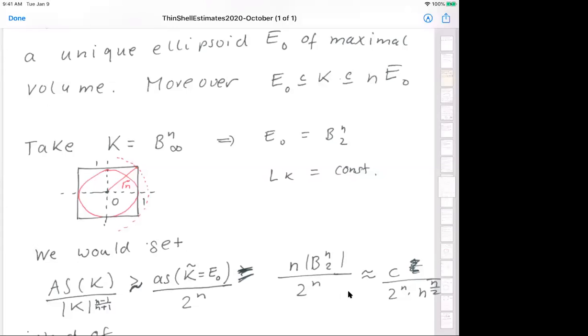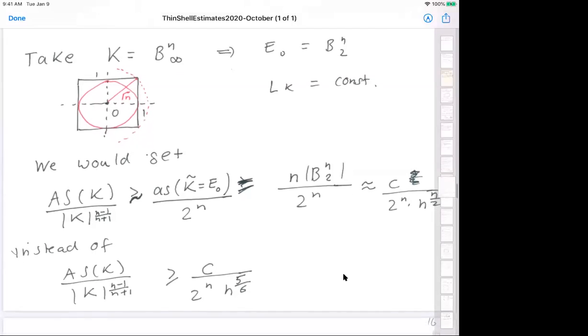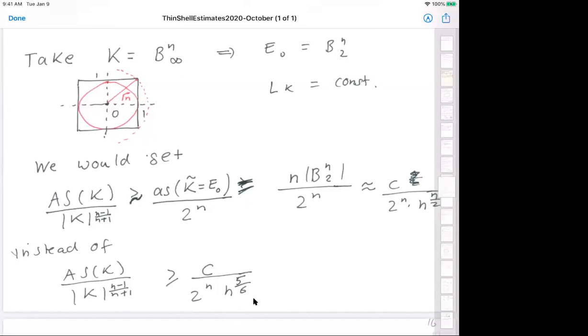Well, we have this divided by 2 to the n. So if one computes that, we'll get just a constant over 2 to the n times n to the power n over 2, and that is much too small, because what we really want to get is n to the 5 over 6 and not n to the n over 2.